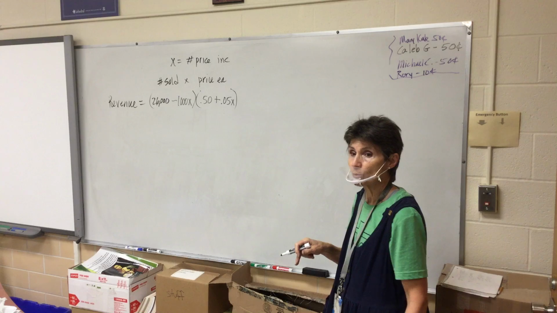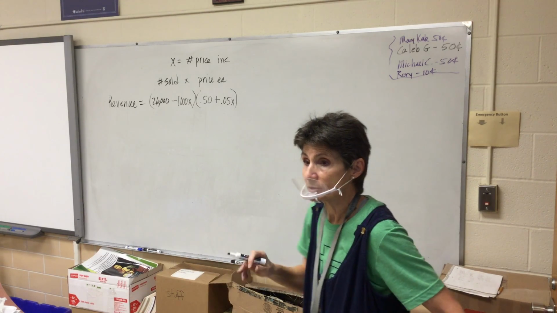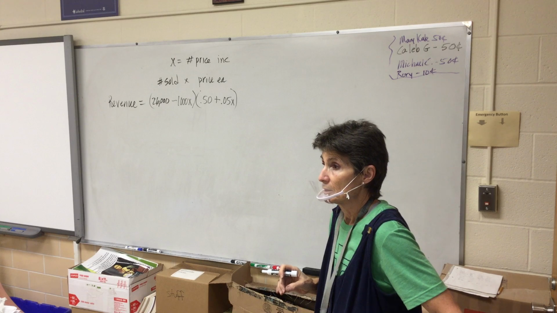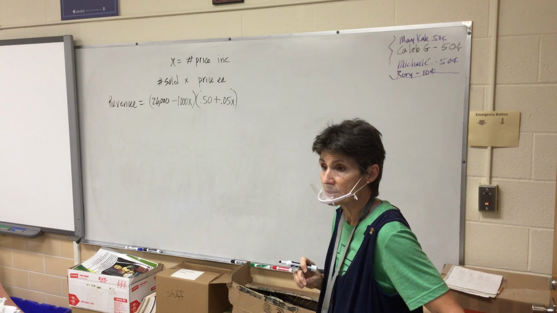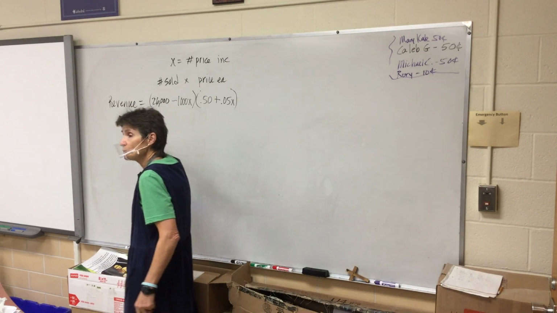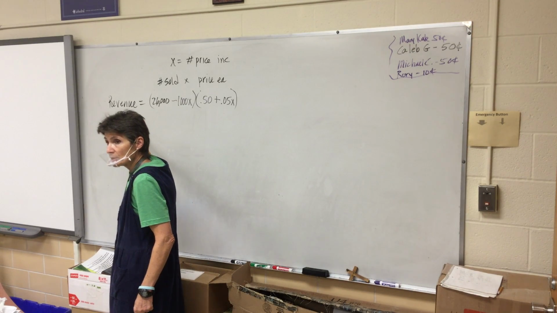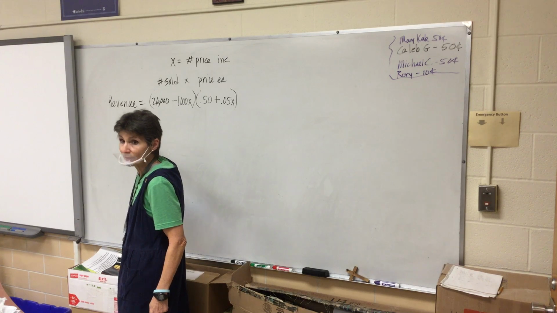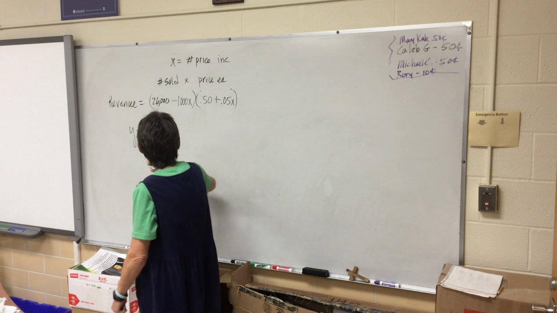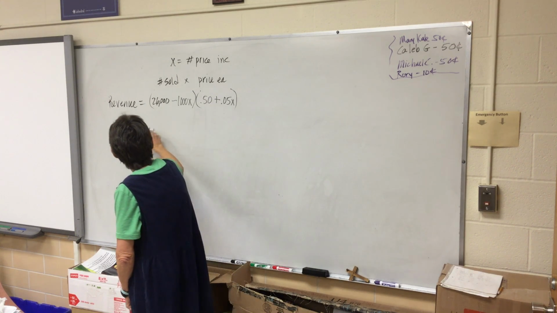Now the first problem we did today, we multiplied out our equation and set it equal to 0. Do I want my revenue to be 0? No, I want to maximize my revenue, right? So I'm going to find the vertex again. So let's FOIL, here we go.